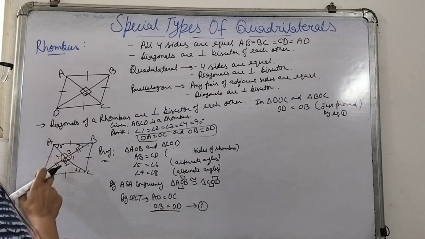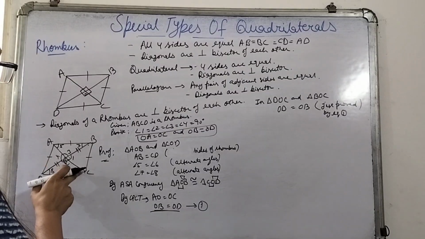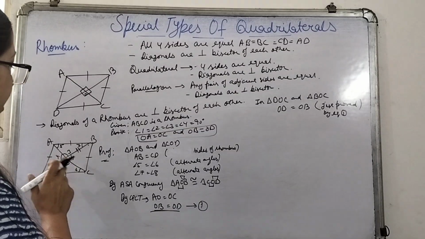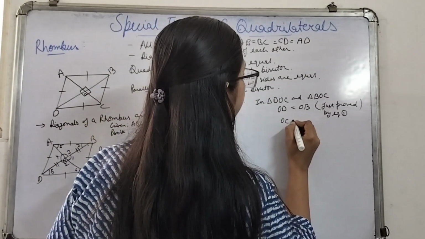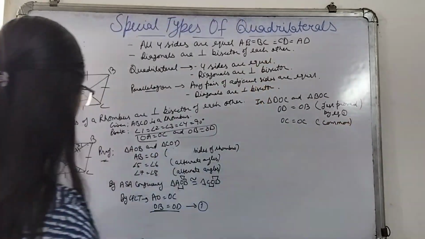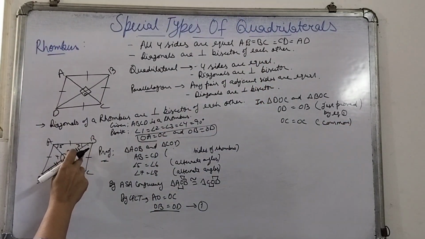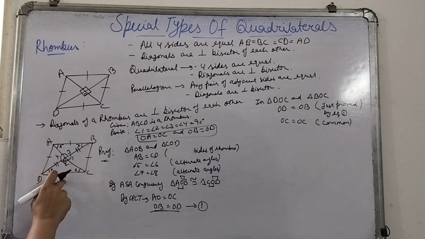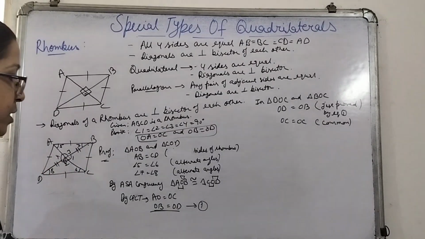Now in these two triangles, OC is common for both triangles. And BC of this triangle is equivalent to CD of this triangle because they are sides of a rhombus.